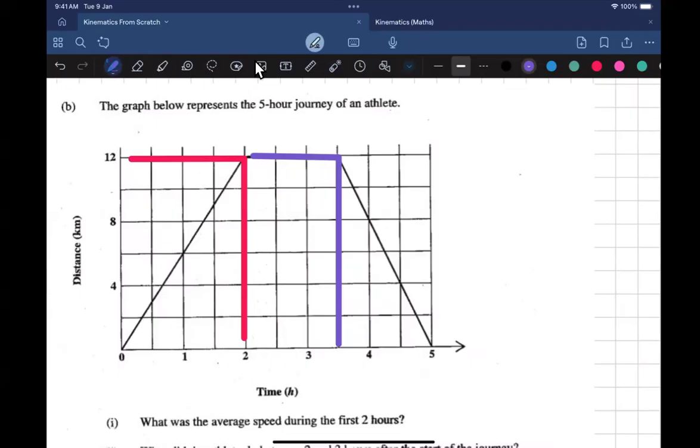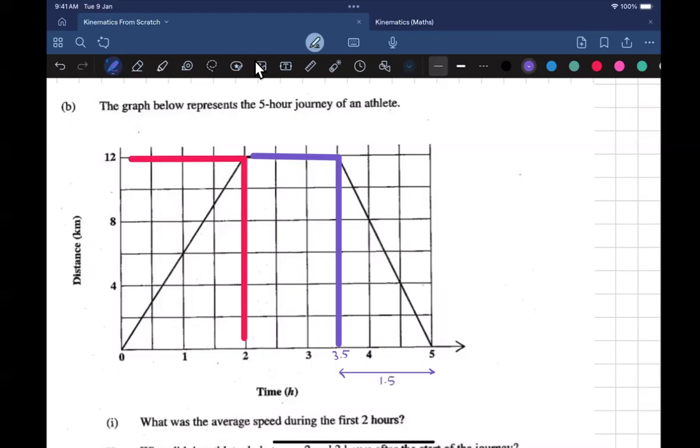As you can see by the y-axis, that's definitely 12 kilometers, and it took him how much time? Sasha, how long did it take him? What's the difference between 5 and, well, this is 3.5. 2.5. No, 1.5.